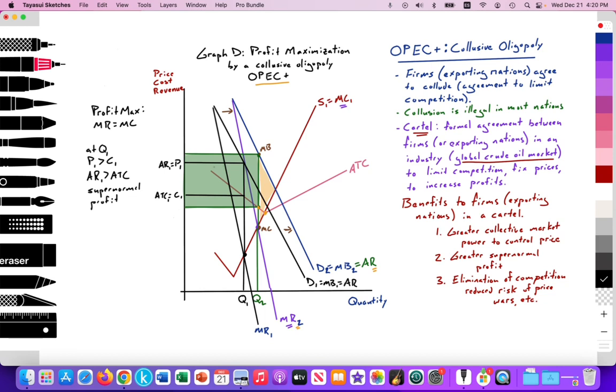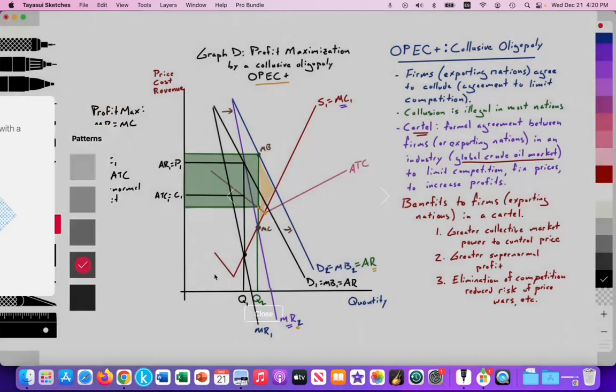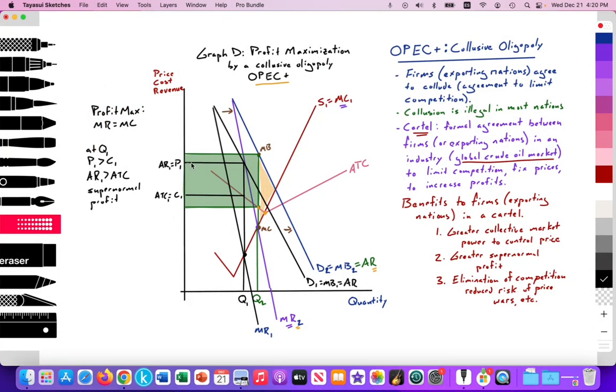And the supernormal profit is within this boxed area here, which I'll illustrate. All right, so this boxed area is the original supernormal profit for the exporting countries participating in this collusive oligopoly. And we can also, well, I'll get to that later.